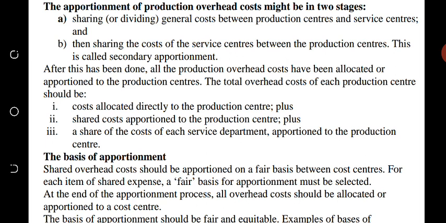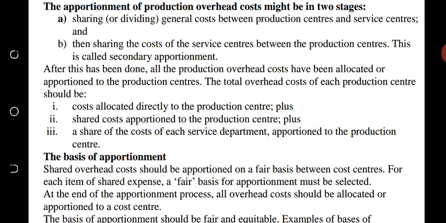That is the way we want to know the total production cost, because for pricing a particular product you must use this basis of apportionment.